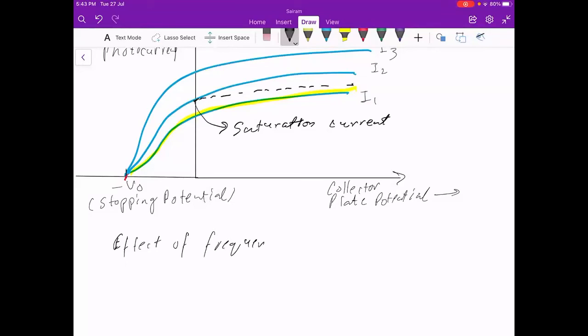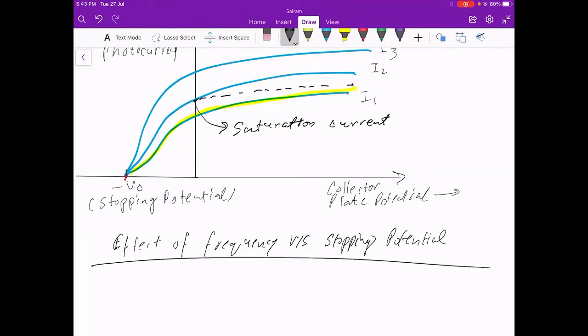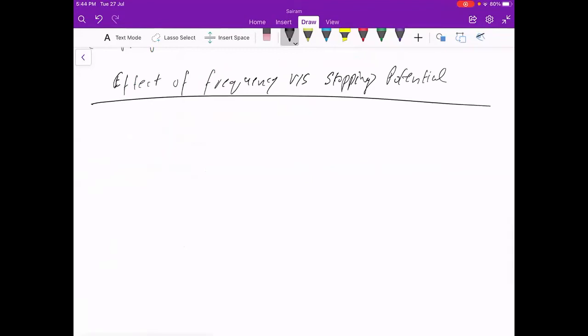Now I'll talk about the effect of frequency on stopping potential. The stopping potential you can see is V minus V naught in the graph. Now, what is the effect of frequency on the stopping potential? If I draw the graph again, the stopping potential is linearly dependent on the frequency.